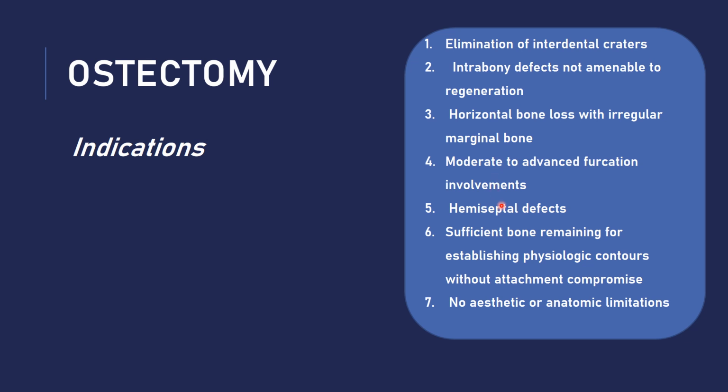For hemiseptal defects, we need some amount of bone removal and sufficient bone remaining for establishing physiological bone contours without attachment compromise. If you are able to achieve physiological contour, you can go for the bone removal, and also in case of no aesthetic or anatomical limitations.